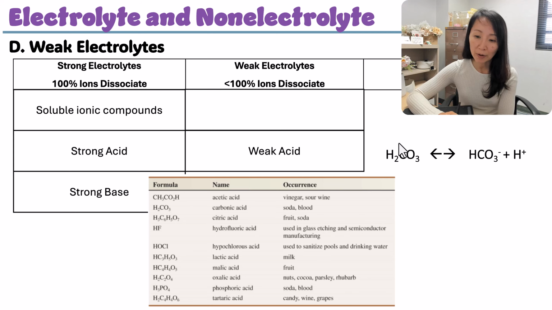When it's submerged in water, it will split off into two. When it splits off like this, it has the ability to recombine and reverse back. So in fact, not all of the H2CO3 will dissociate.